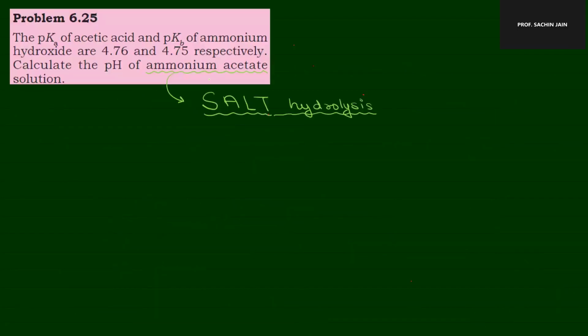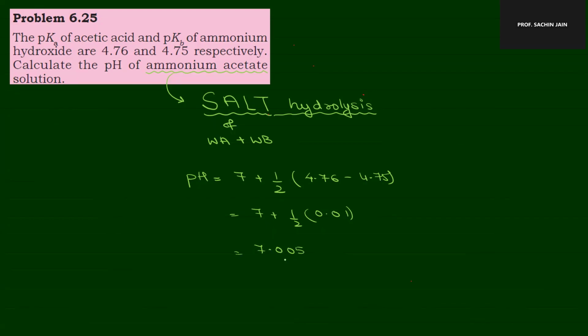So now here ammonium acetate is a salt of a weak acid and weak base. So as soon as the question on salt comes and we have to find pH, we have the formula of case 4, 7 plus half of pKa minus pKb. So it's 4.76 minus 4.75, which will be equal to 7 plus half. The difference is 0.01, and half of that is 0.005.